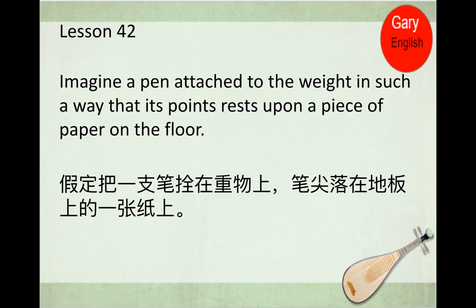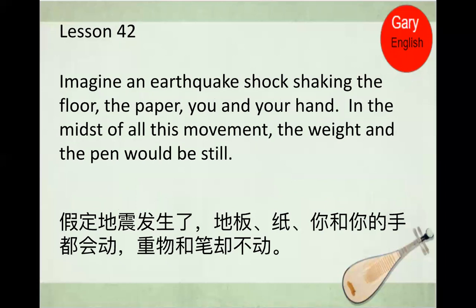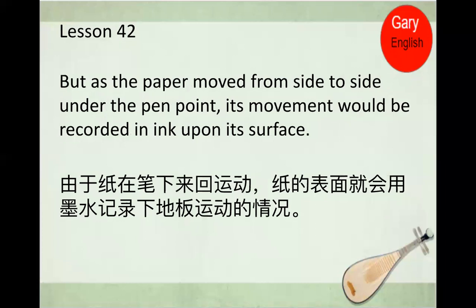Imagine a pen attached to the weight in such a way that its point rests upon a piece of paper on the floor. Imagine an earthquake shock shaking the floor, the paper, you, and your hand. In the midst of all this movement, the weight and the pen would be still, but as the paper moved from side to side under the pen point, its movement would be recorded in ink upon its surface.